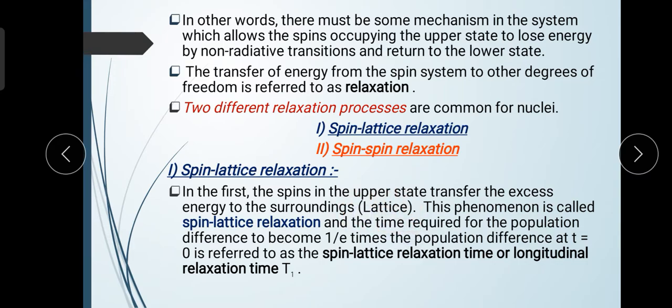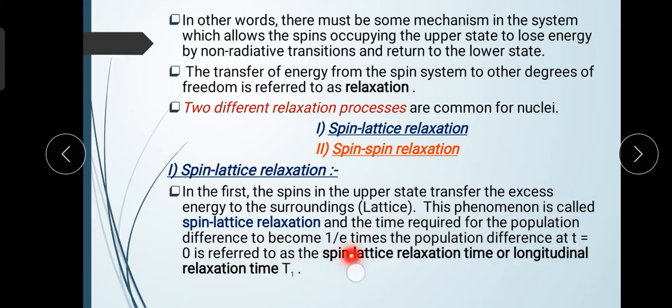So the transfer of energy from the spin in the upper energy state to the surroundings, that means the lattice, is called spin lattice relaxation.